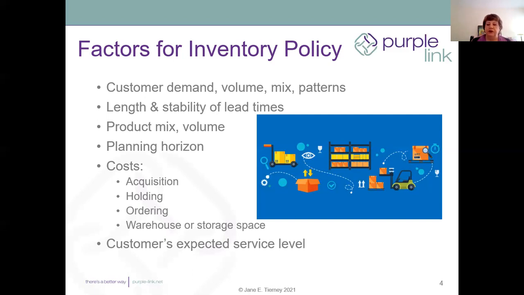It also includes things like managing that inventory. So it could be warehouse workers, warehouse space, the allocated costs for that. That would include mortgage or rent, utilities. It includes security. It includes insurance that you have to hold the inventory. So there's any number of items that go into that to create that holding cost.